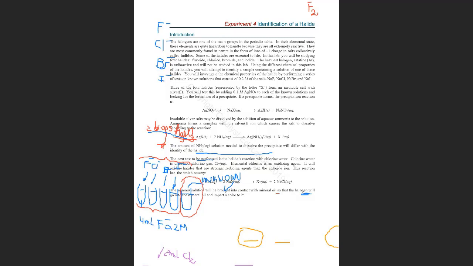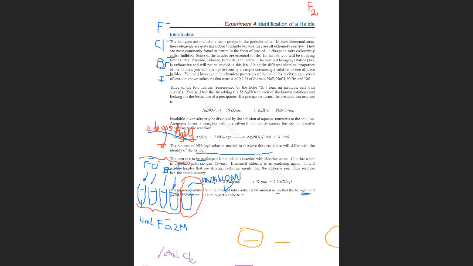The chloride is here. It will oxidize the ones that are down. So basically, it will oxidize the bromide to bromine and the iodide to iodine, because, as I said before, it will oxidize halides that are stronger reducing agents than the chloride.